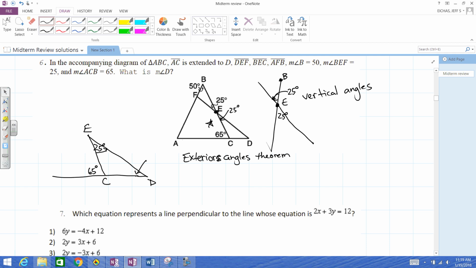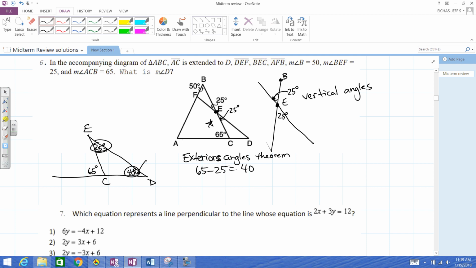We have a triangle with an exterior angle of 65, and the two remote interior angles must add to 65. So really all I have to do is take 65 and subtract 25 to get 40.